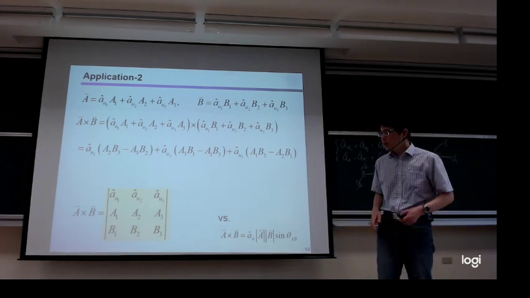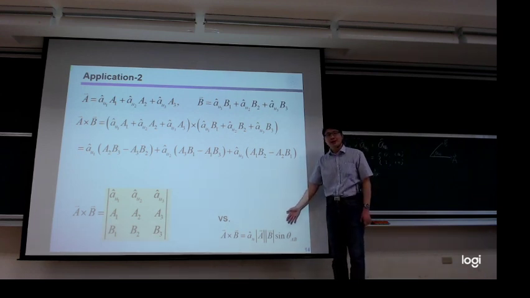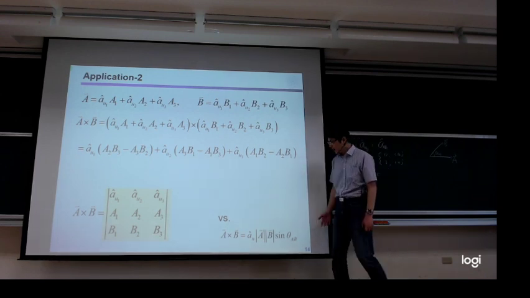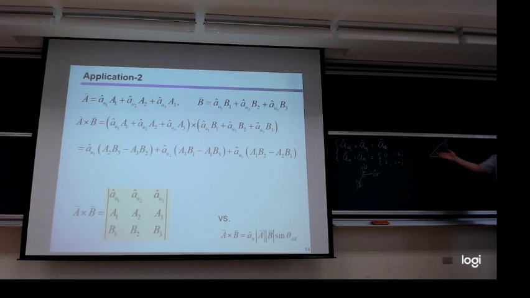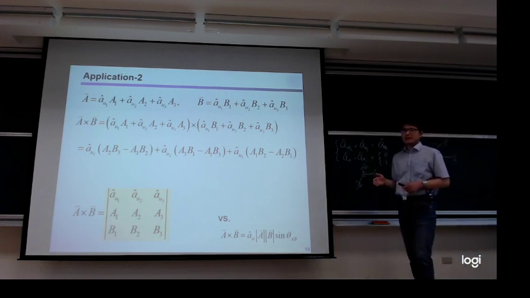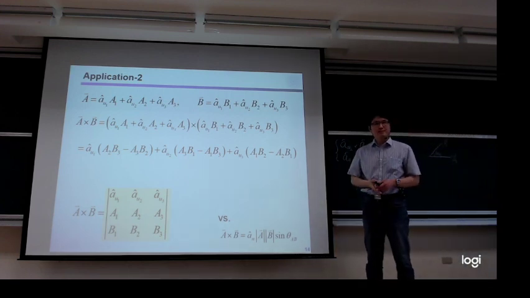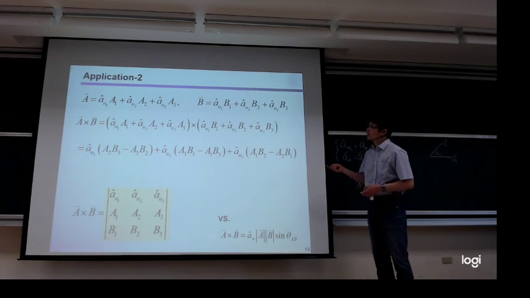As opposed to what you learned during high school, where to calculate A cross B you have to find the angle, take the sine, and know the A and B magnitudes. So knowing the vectors and being able to express them using an orthogonal coordinate system is very handy and straightforward, right?